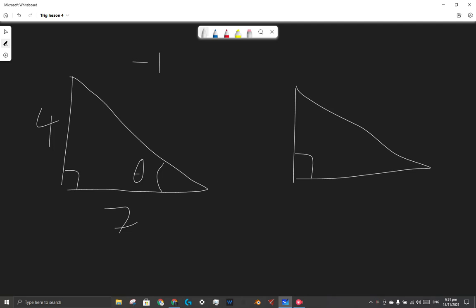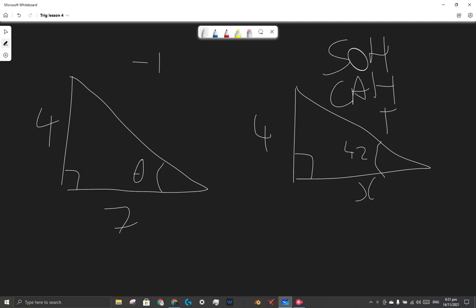Or else normally when you have one side and one angle and you're asked to calculate the other side, then you use the normal SOH CAH TOA. That's where you use it, so that's how you can divide these two. But pretty much that's the lesson summary.